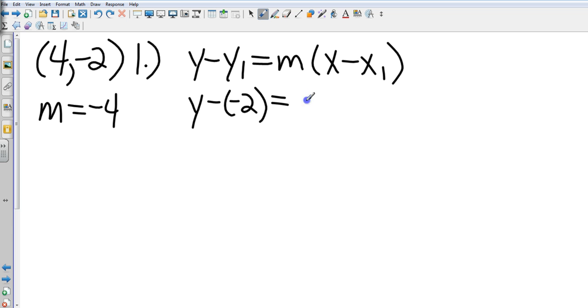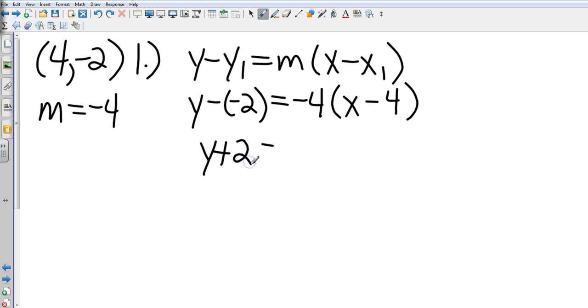The slope is negative 4. My x is just x. And then I'm subtracting 4. Go ahead and change that minus a minus. That's y plus 2 equals, keep this in the same form, negative 4 parentheses x minus 4. That is point slope form.